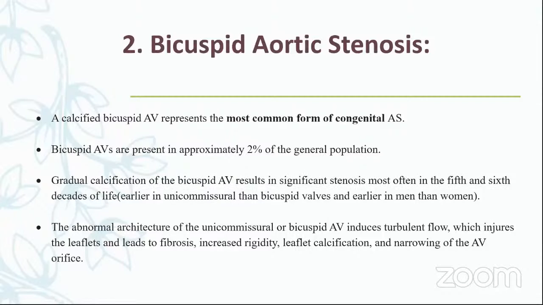The abnormal architecture of the valve itself induces turbulent flow, which injures the leaflet and leads to fibrosis, increased rigidity, leaflet calcification, and finally it results in narrowing of the aortic valve orifice.